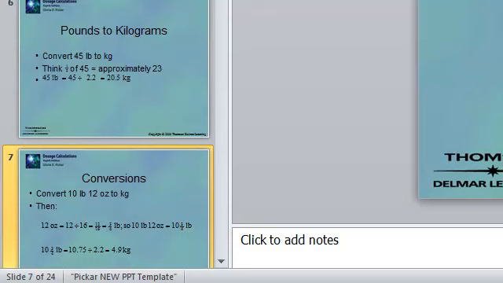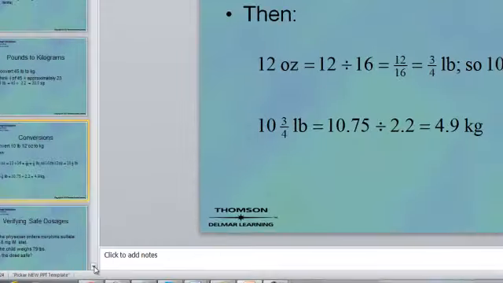So 10 pounds and 12 ounces is 10 3/4 pounds. So if I divide 10 3/4 by 2 2/10, 3/4 is the decimal 75/100. You get 4 9/10 kilograms. Remember, we're rounding to the nearest tenth of a kilogram.